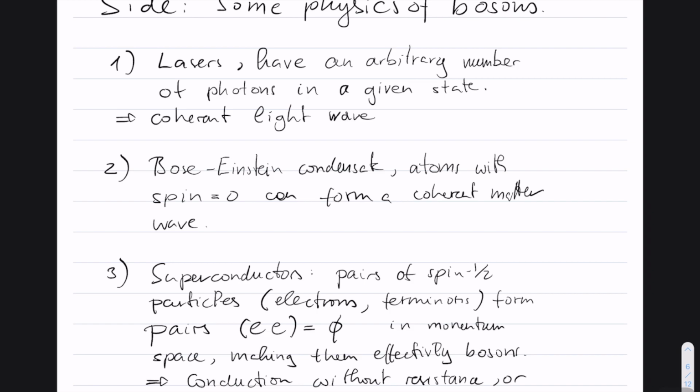of bosons that we know from nature, or bosonic states with high occupation numbers. So one example would be the laser, right? They have a lot of photons in a given state and are essentially a coherent light wave, and that gives them the power.